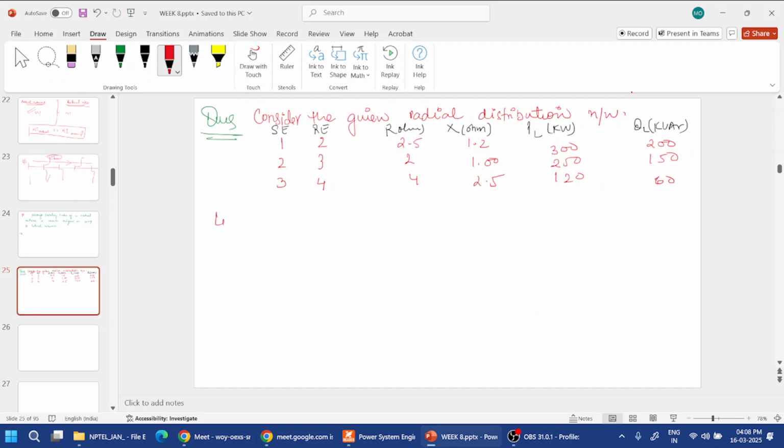So here loads are connected to the receiving-end nodes, this thing you should keep in mind. This 300 and 200 is connected to node 2, and 3 and 4 similarly. We have to find the voltage at bus 2 after the first iteration.